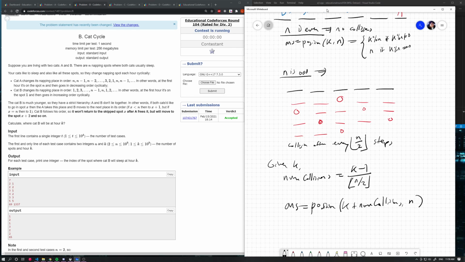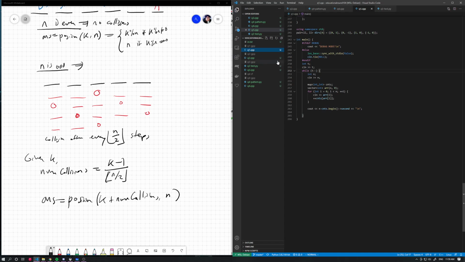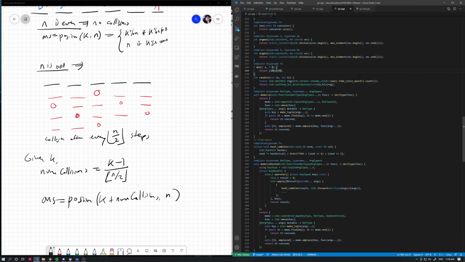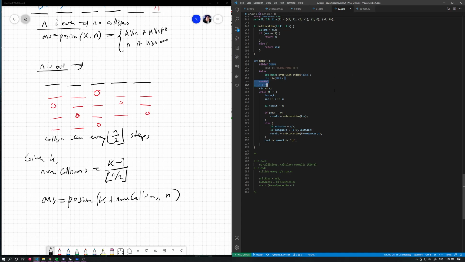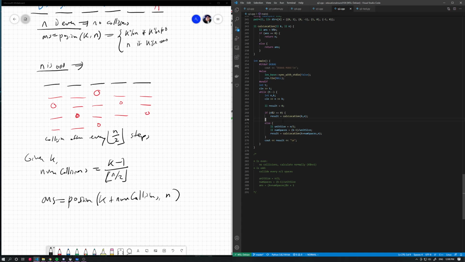And I can show my implementation. Yeah, so 2 cases. If n is even, I call this calc location here, and this is basically just implementing this formula.